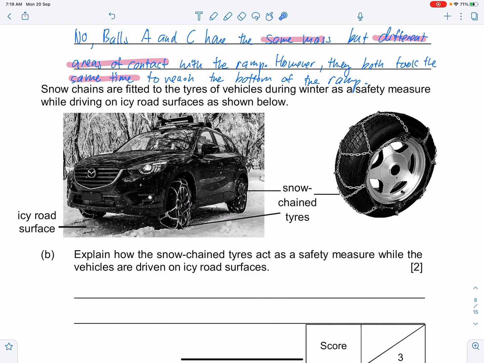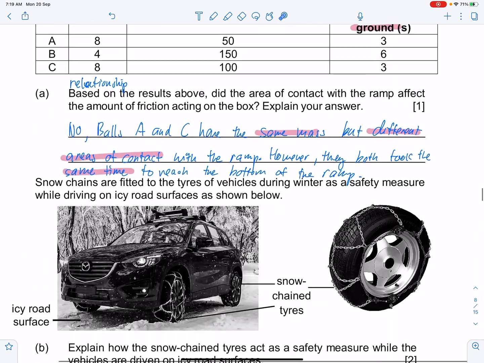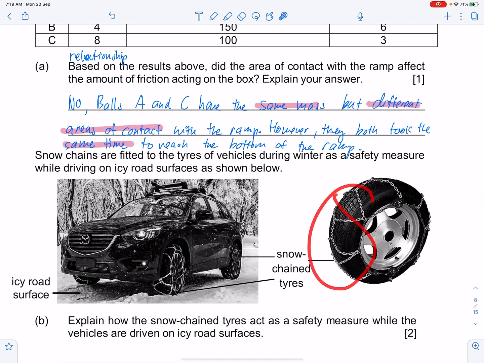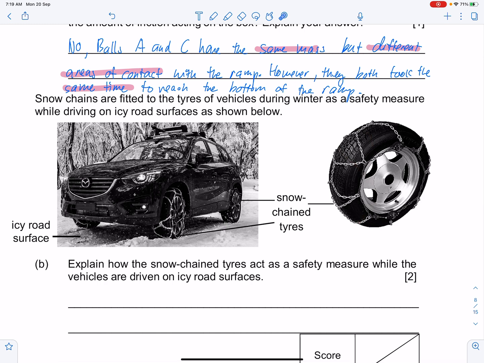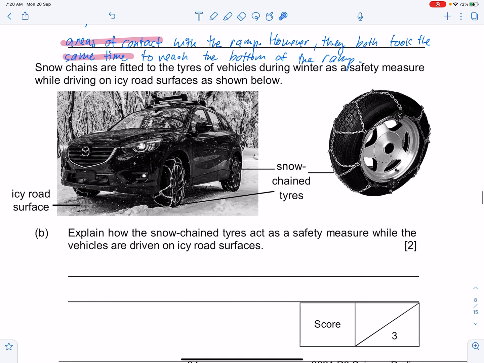So for this, you need to take a look at this over here. What this snow chain does is essentially you want to increase friction between your tires and the icy snow road, so that there is better grip.